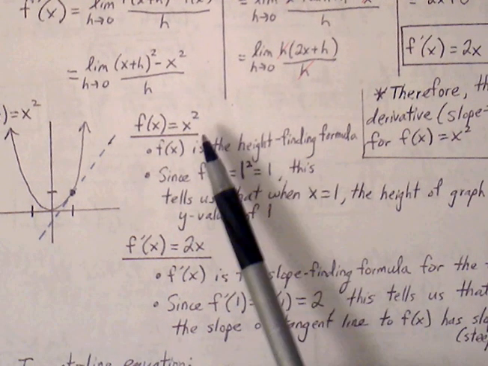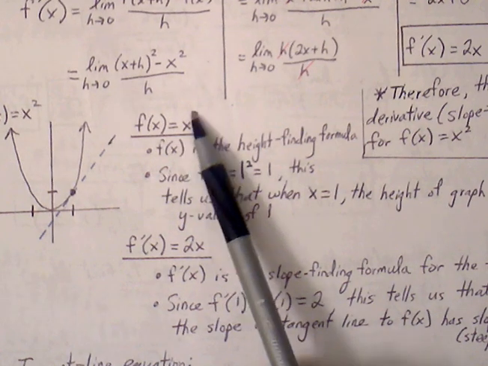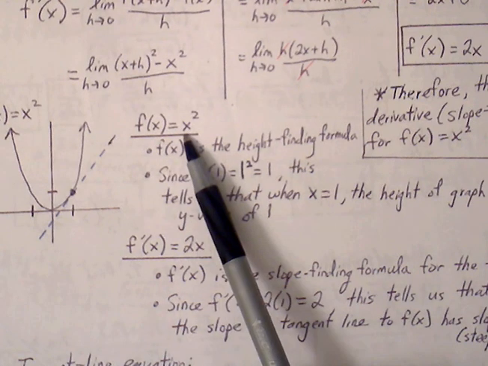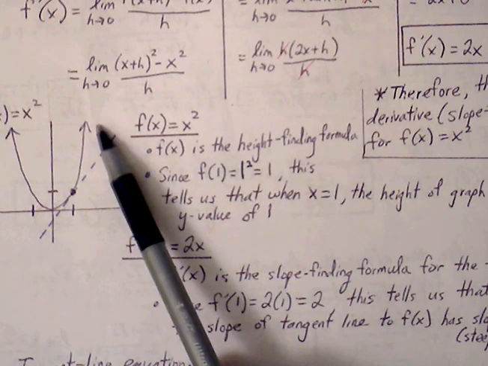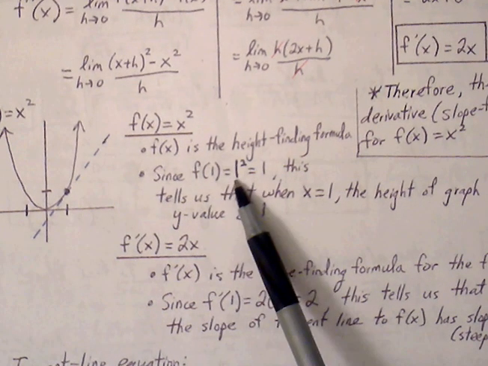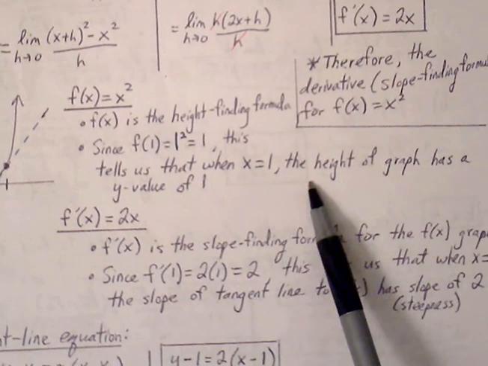Any x I plug into the function, in return it'll tell me the y value. So if I plug in 3, for instance, 3 squared will give me 9, so at 3 the y value is going to be 9. Or if I plug in 1, it'll be 1 squared, which is 1.